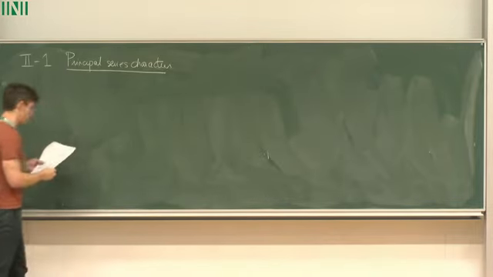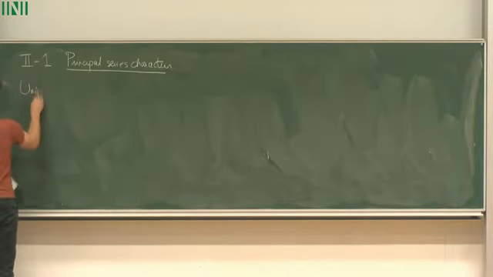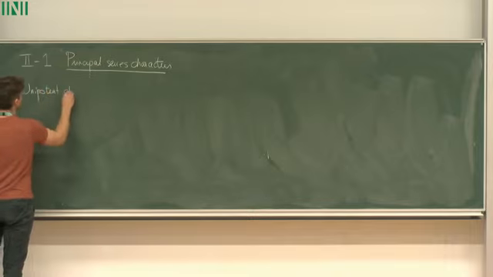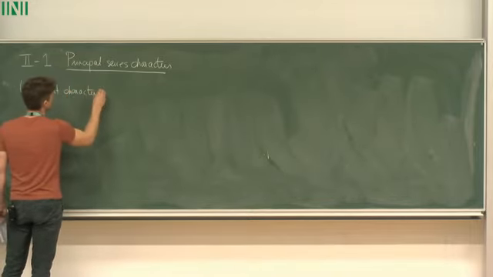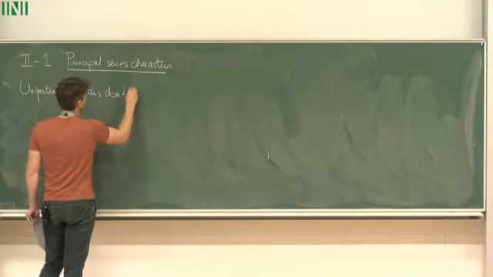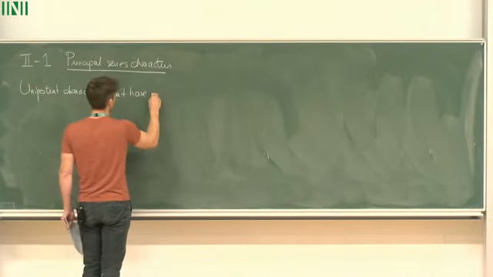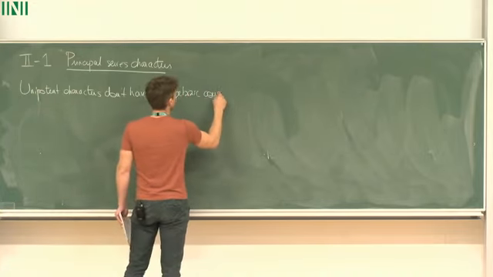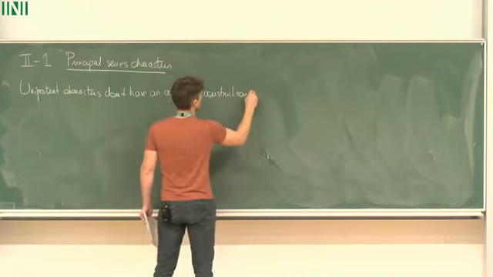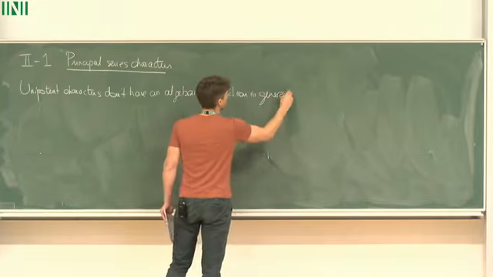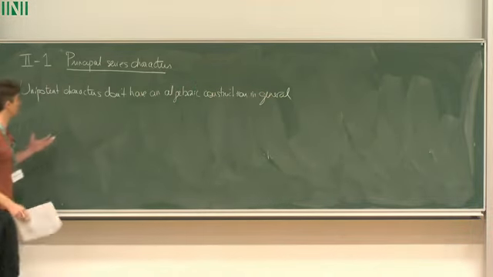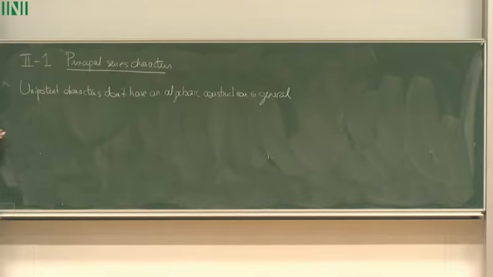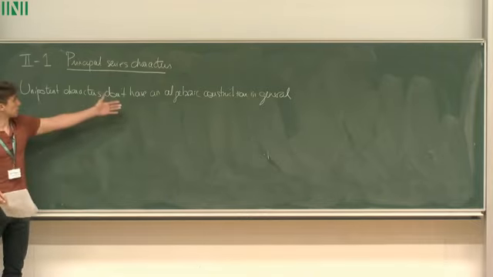So this is really important. Let me just write it. The unipotent characters don't have an algebraic construction in general. This is, I think, very frustrating when you first encounter this theory, because, especially when you give a talk on unipotent characters, you would like to have an easy definition, just by doing some algebra, some induction on the group.